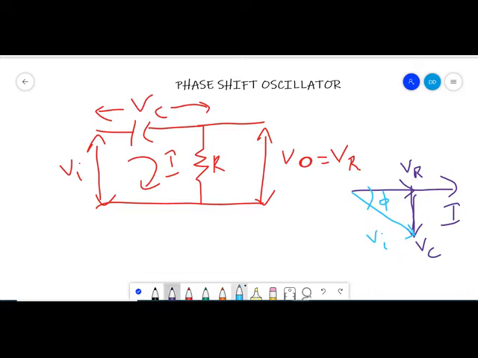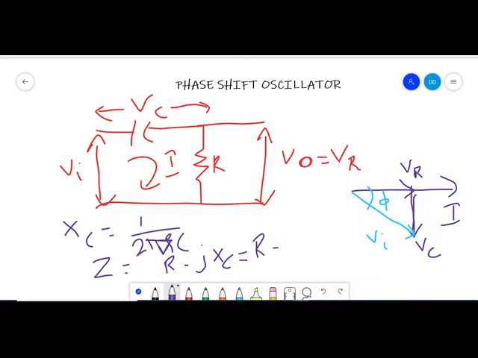We know that the capacitive reactance XC is given by 1 by 2 pi FC, and our total impedance Z is equal to R minus j XC, which we can write as R minus j into 1 over 2 pi FC. So we can consider it as magnitude and the angle is negative.